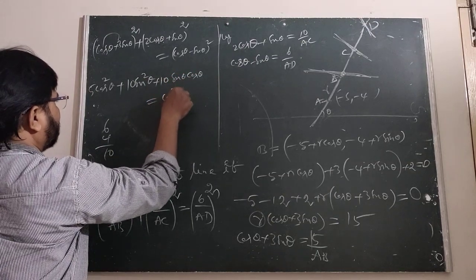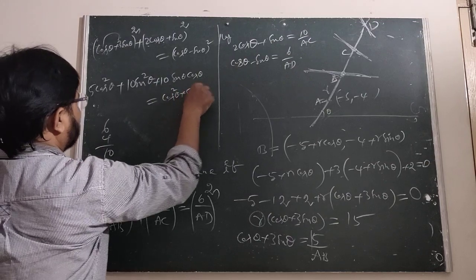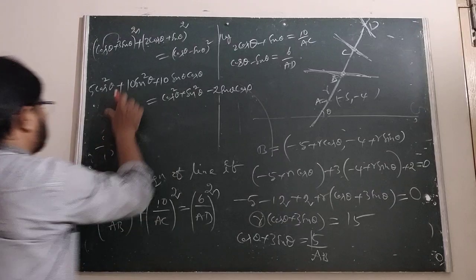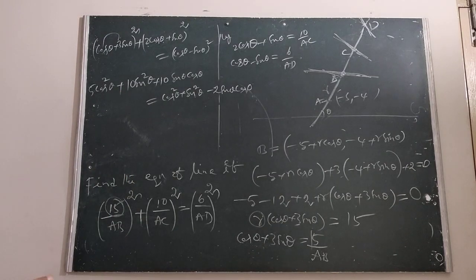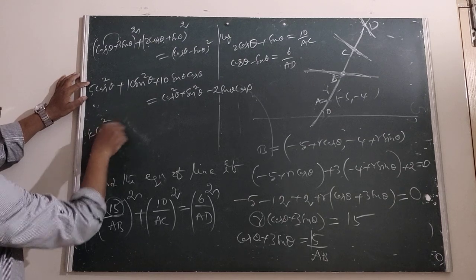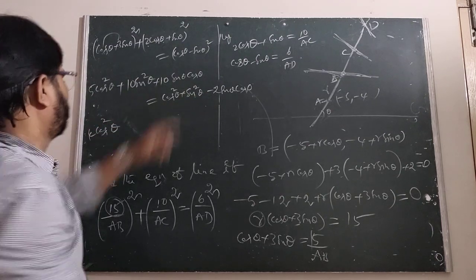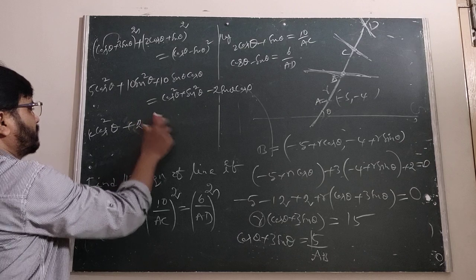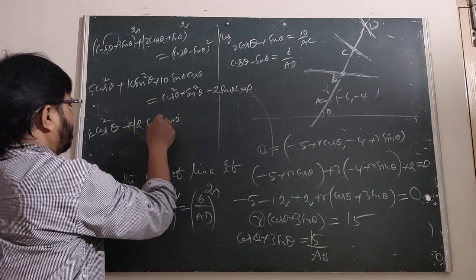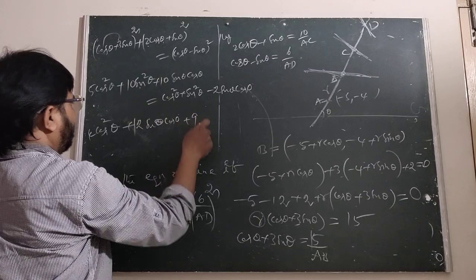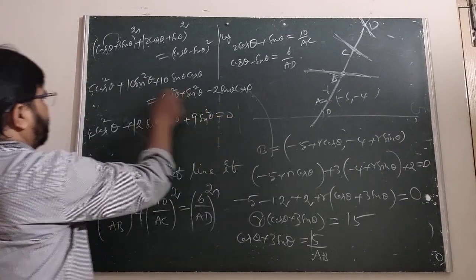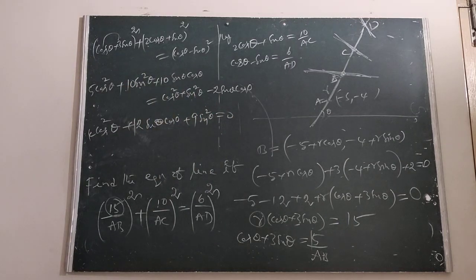Here cos square theta plus sin square theta minus 2 sin theta cos theta. Therefore, now we can write this is 4 cos square theta, now this is 12 sin theta cos theta, here 9 sin square theta, since 10 minus 1 is the 9 sin square theta.